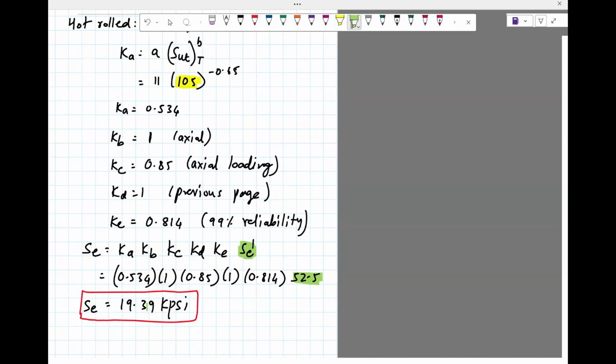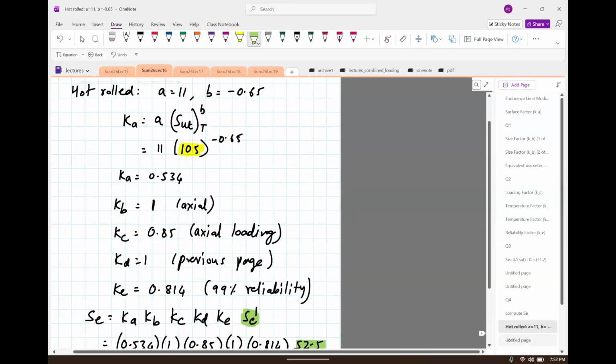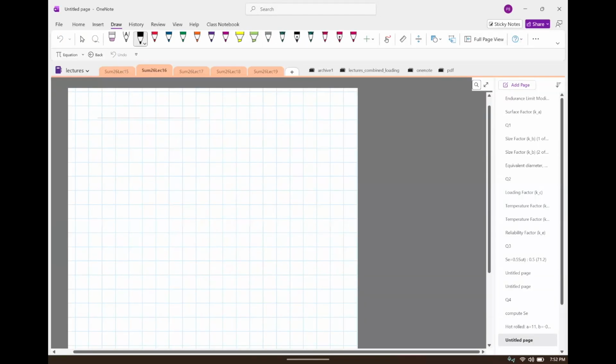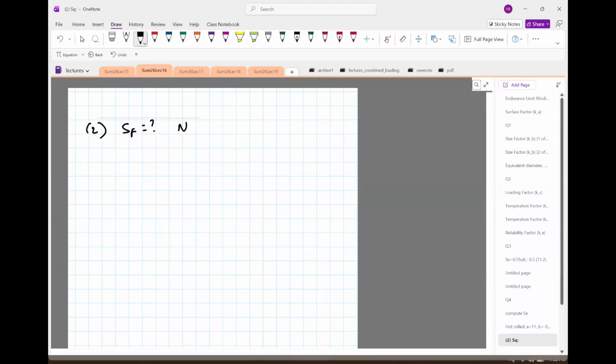Okay, with that, let's get to the next part. For the second part, we need to compute SF when n is 70,000.